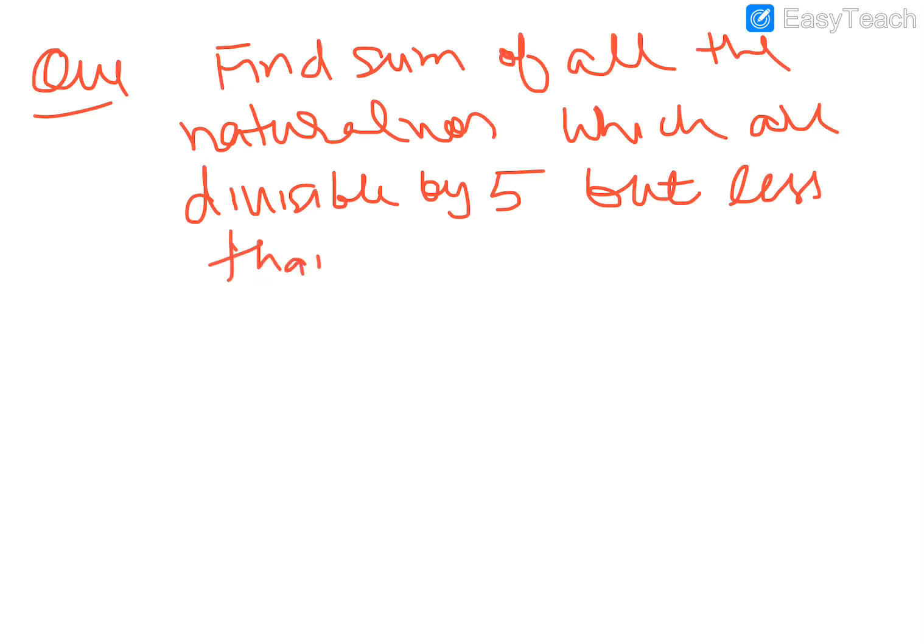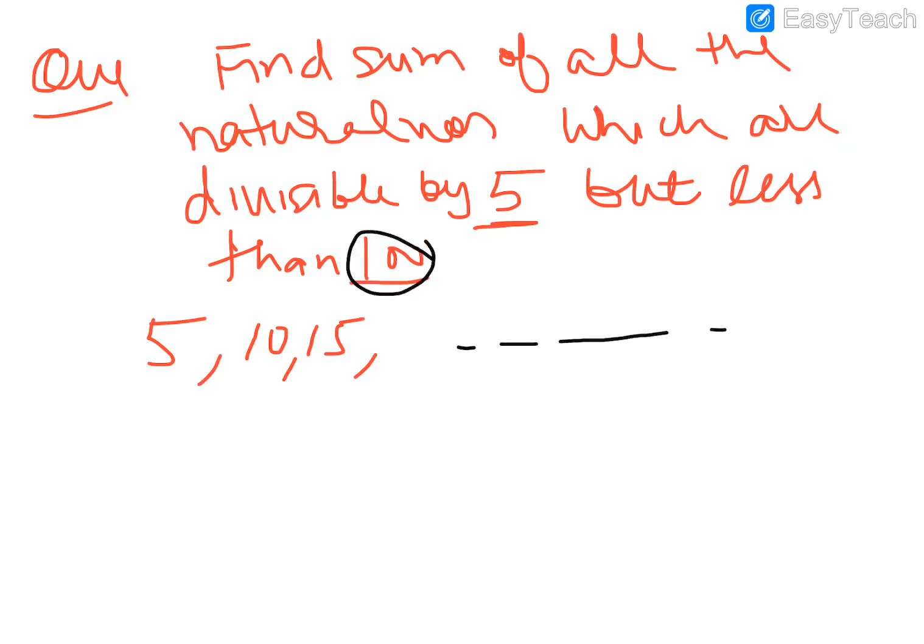It's a simple basic question. So the numbers will be something like, it says divisible by 5, means a natural number should be like this, 5, 10, 15, but the number should be less than 100. So it will go till 95. Now tell me how many number of terms.